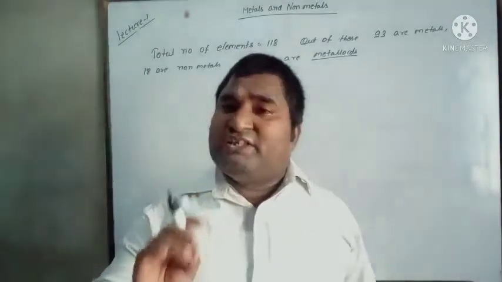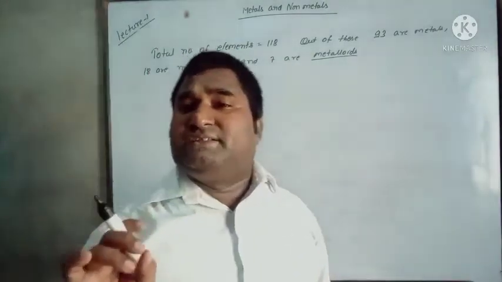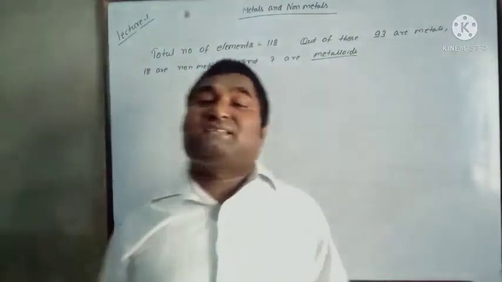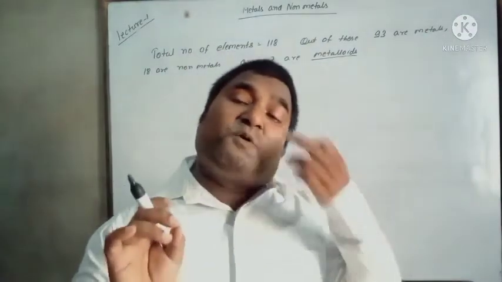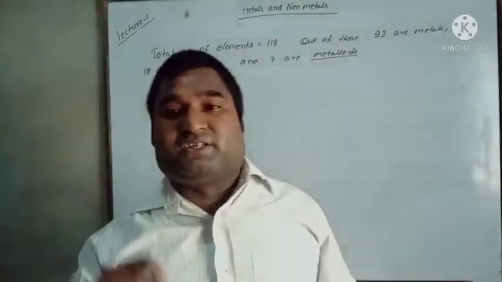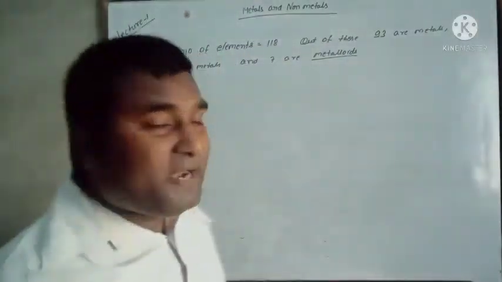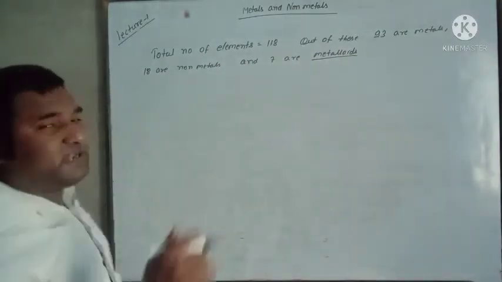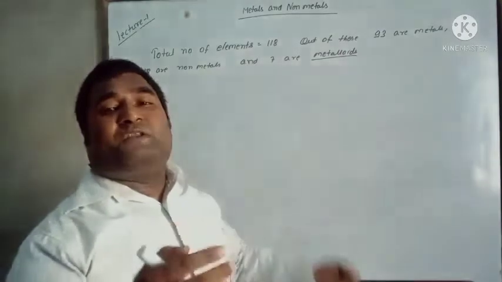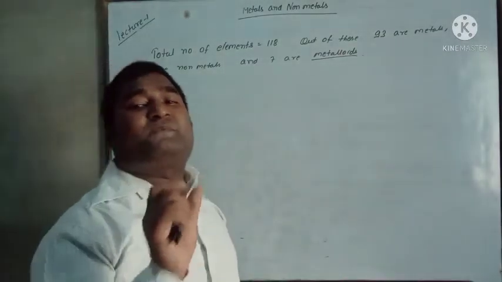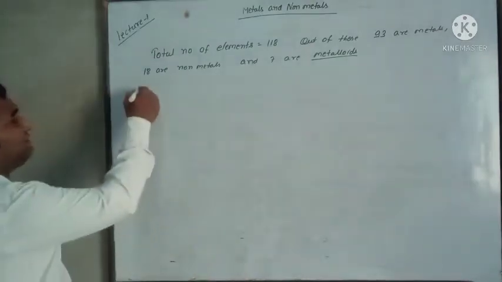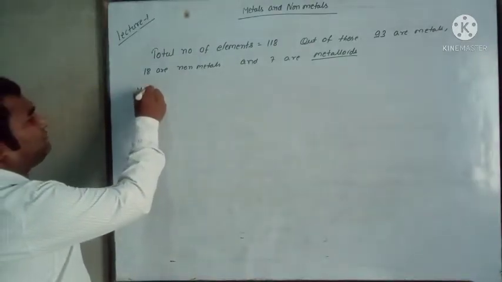The term metalloids refers to elements which possess properties of both metals and non-metals. When you understand the properties of metals and non-metals, you will understand which properties are present in the metalloids. So I will just tell you what metalloids are.